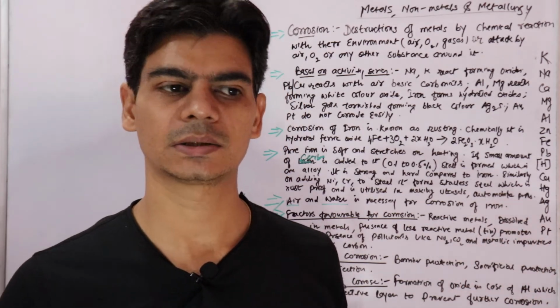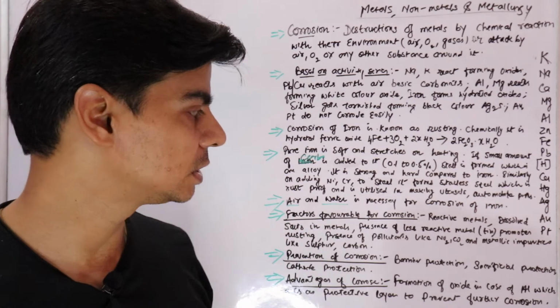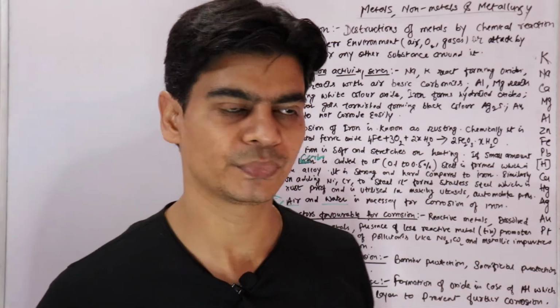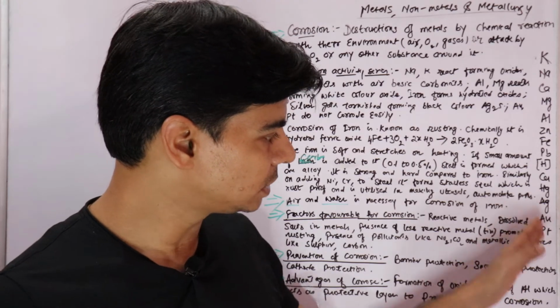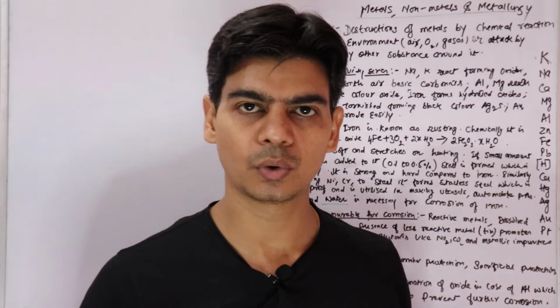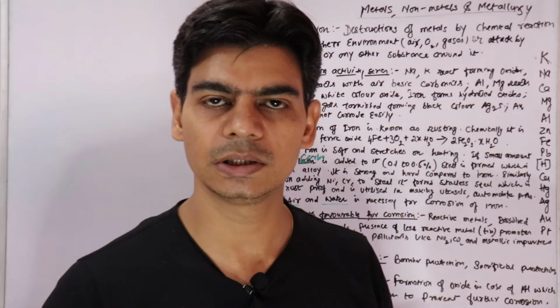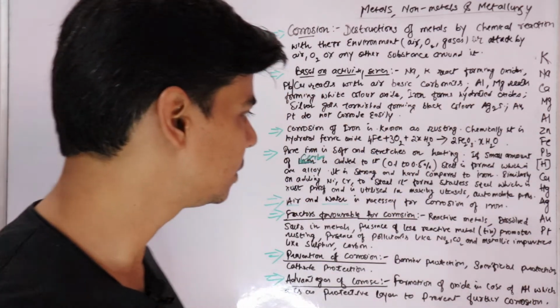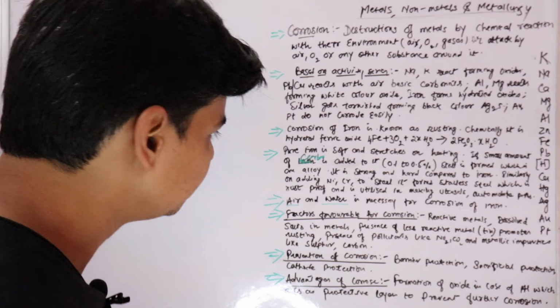Even if gold is exposed to air for 100 years, it won't corrode. Why? Because gold is least reactive in the activity series. So metals that are below in the activity series don't corrode easily, whereas metals which are above in the activity series will corrode easily, because of their highly reactive nature.